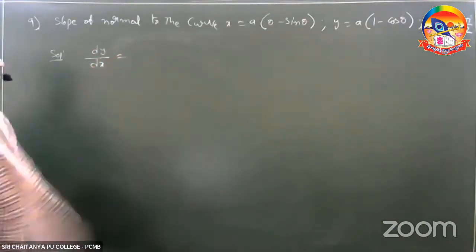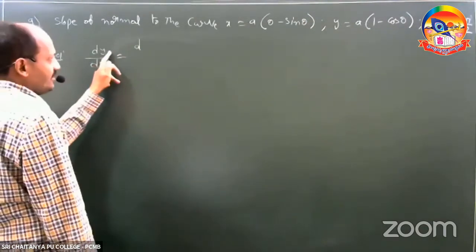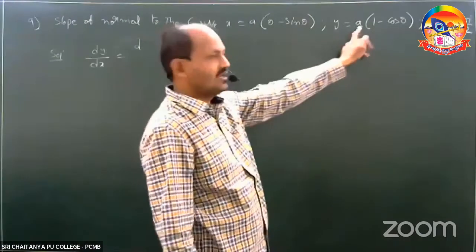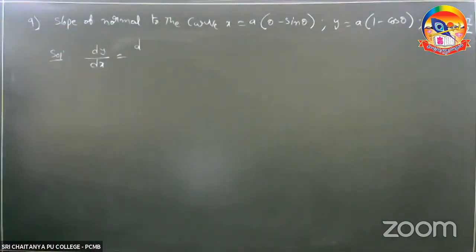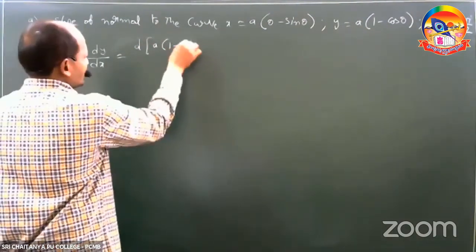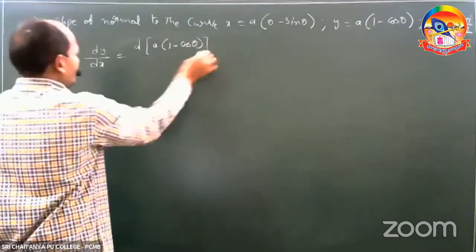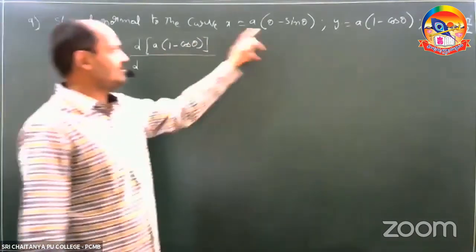So dy by dx. So the derivative of y. What about y? a into 1 minus cos theta, divided by derivative of x. What about x?